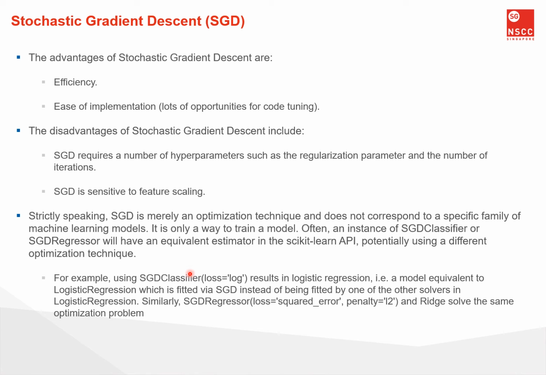If you think about it, SGDClassifier and SGDRegressor correspond to a one layer neural network, right? You have all the input weights, and then we apply some sort of loss function over these weights, and we can train it using gradient descent, using stochastic gradient descent. So it actually corresponds to a one layer neural network, so one single output neuron, and the loss that you define is basically the loss for that particular output neuron.